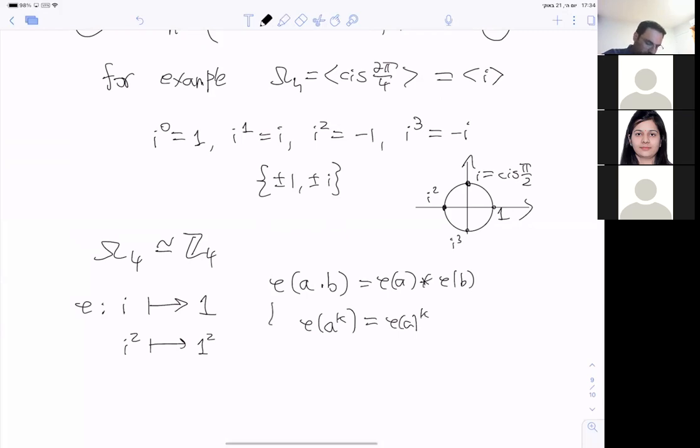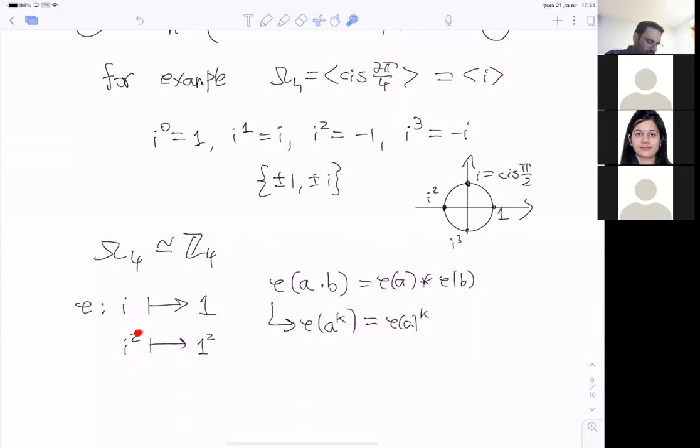Taking the power first and then the image, or taking the image and then the power, is the same thing.